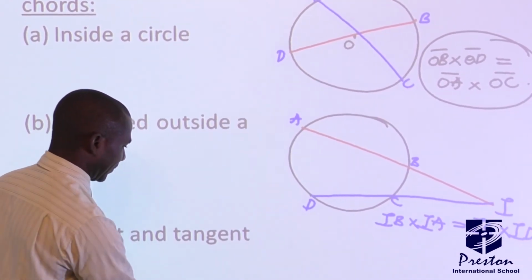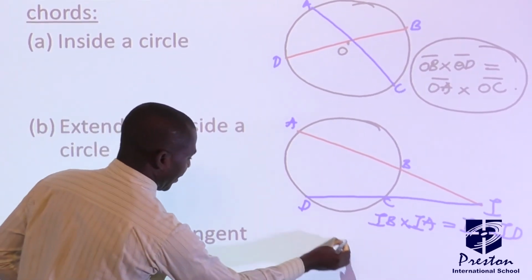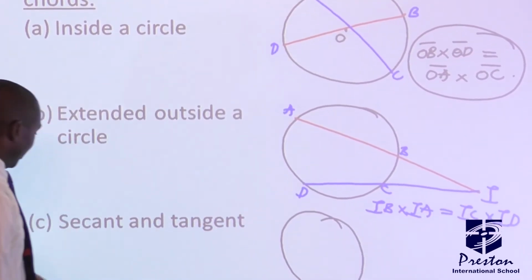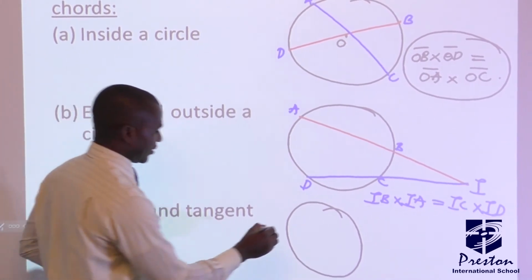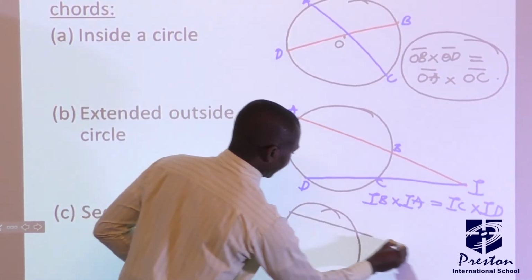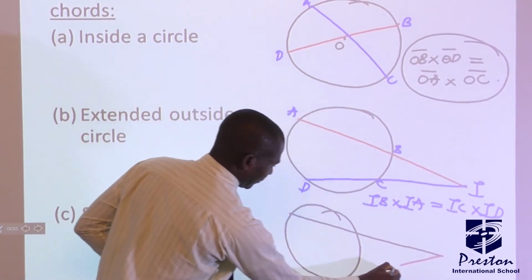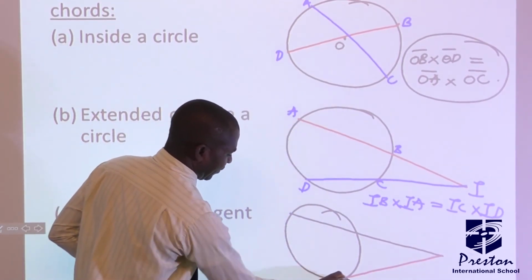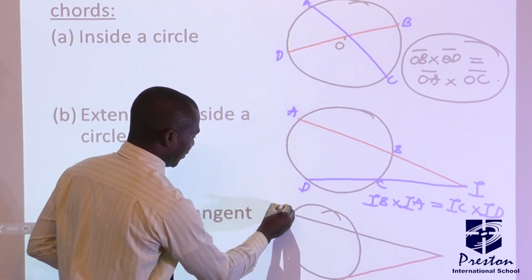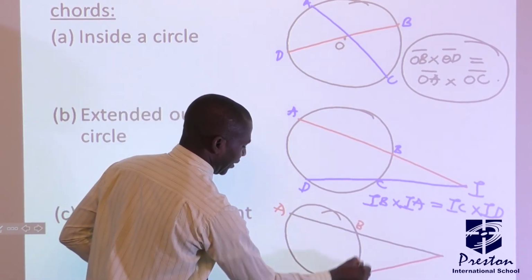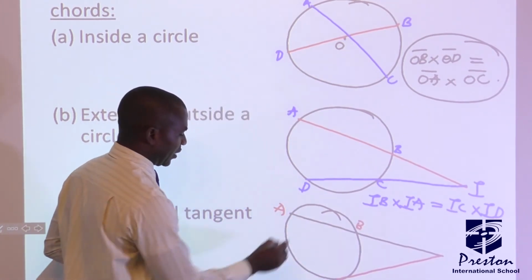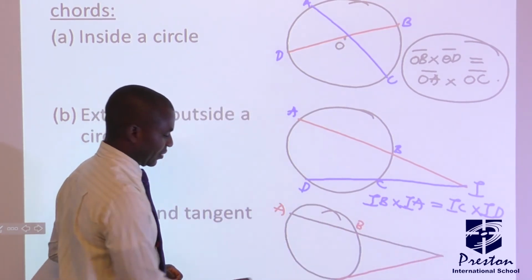Then lastly, we have secants and tangents. That's a special case. Now, if this is tangent to the circle, let me call this A, B, and C. Now AB is secant. Why?